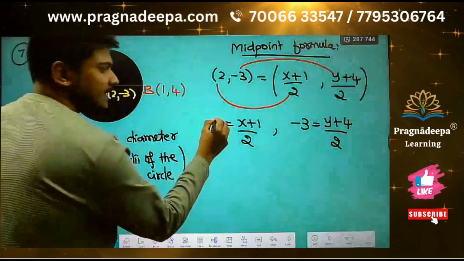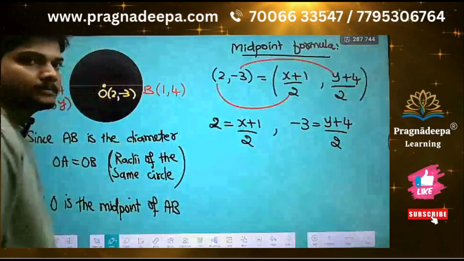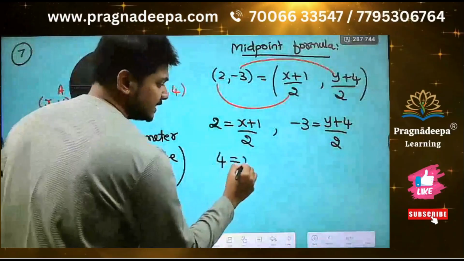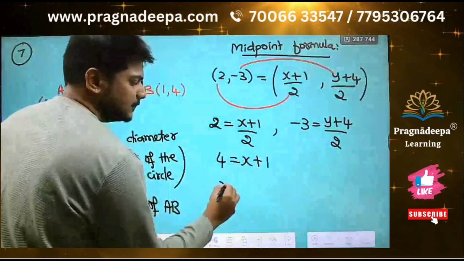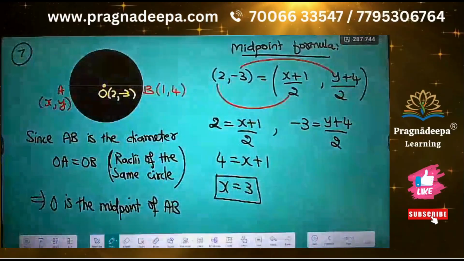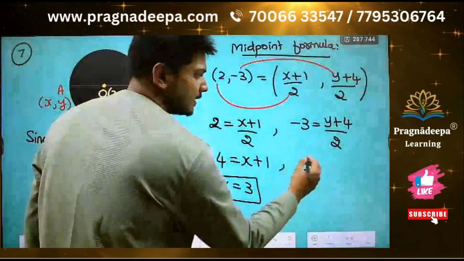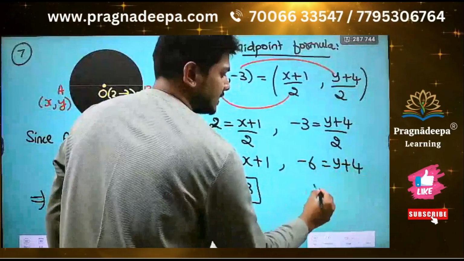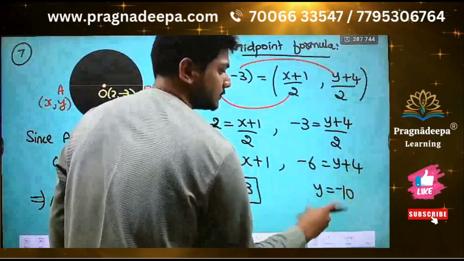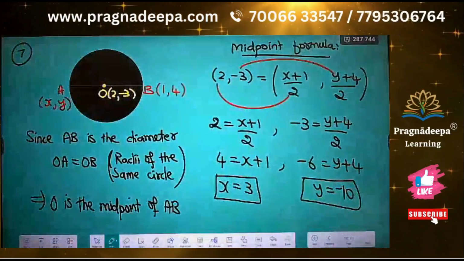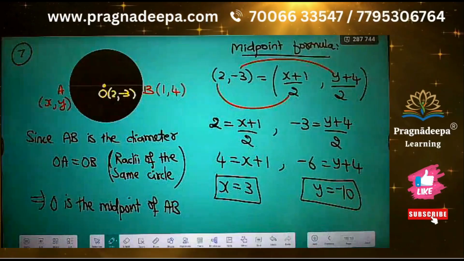So the x coordinate will be 3: x plus 1 is 4, so x will be equal to 4 minus 1, that means 3. The y coordinate will be -10.